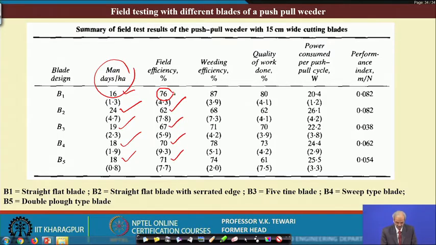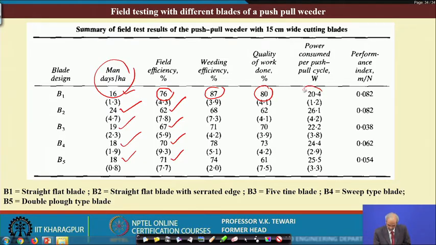So, the field efficiency is also higher in case of B1. Then weeding efficiency, a very high level of weeding efficiency, which we got in this case. Quality of work done is good. Using the same formulae which I had given earlier, we are in a position to do this.